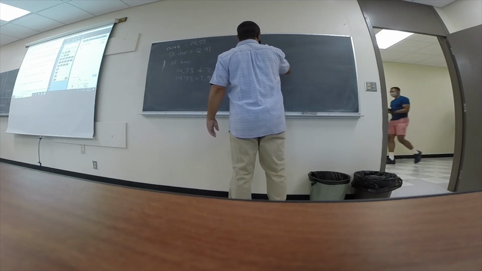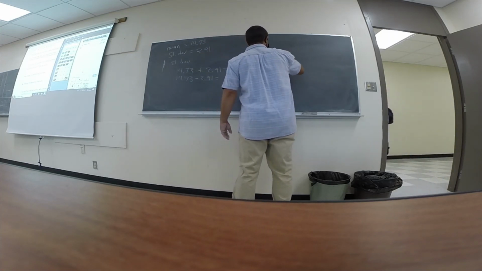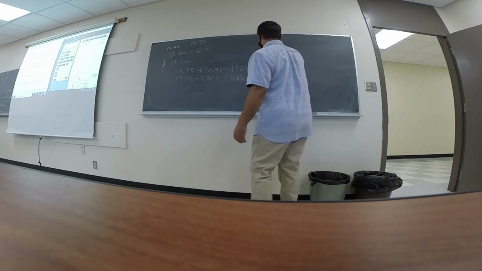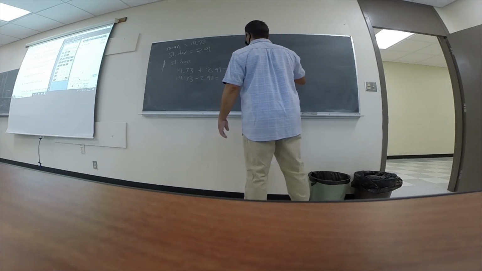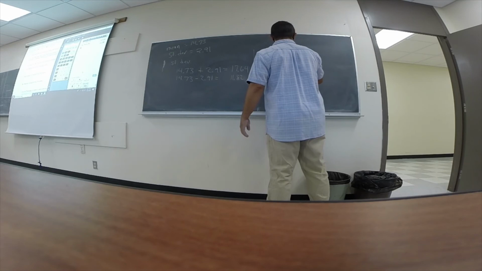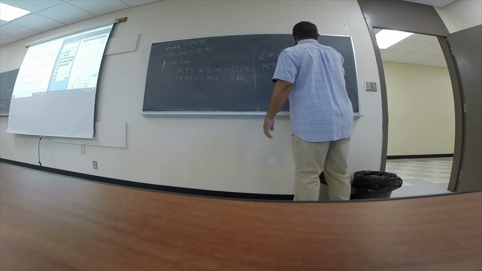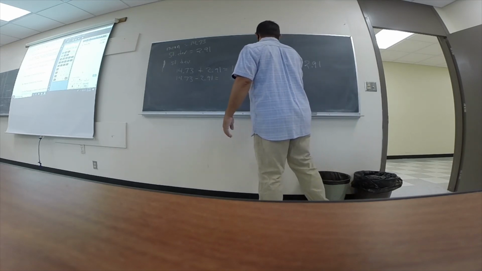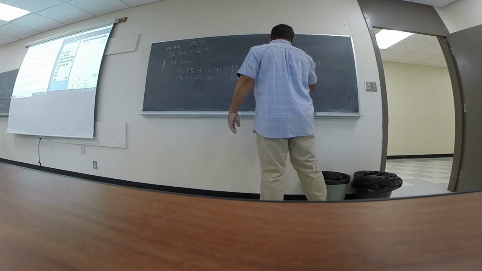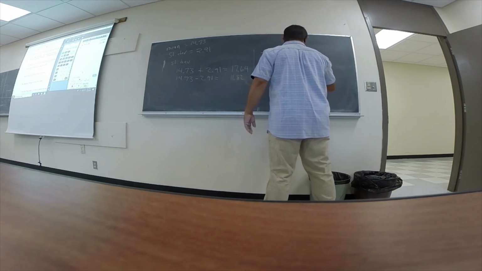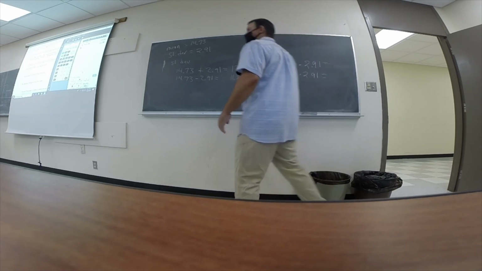Let's look at two standard deviations. So 14.73 plus, I'm going to do 2 times 2.91. 14.73 minus 2 times 2.91. Okay?